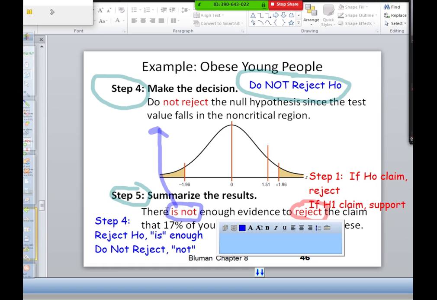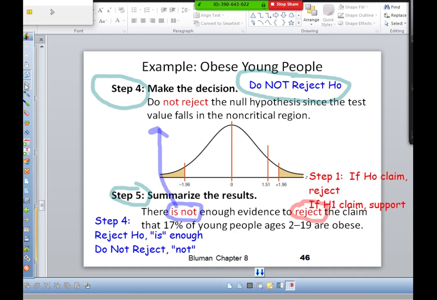Rejecting H naught means he's guilty. If you did not reject H naught, as in here, we did not have enough evidence. So there's not enough evidence.